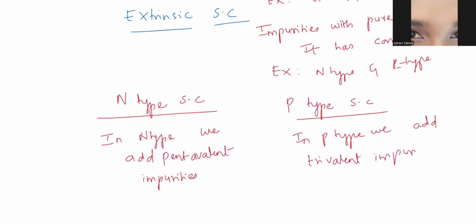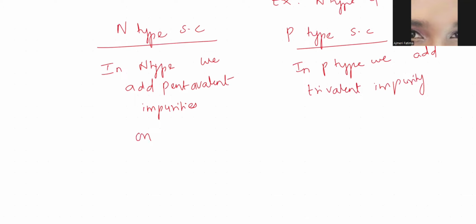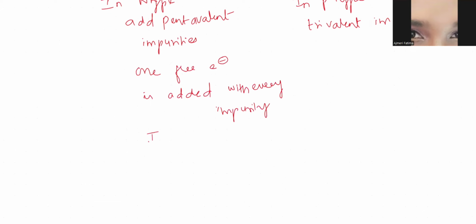In N-type semiconductor, one free electron is added with every impurity, so it is also known as donor impurity.